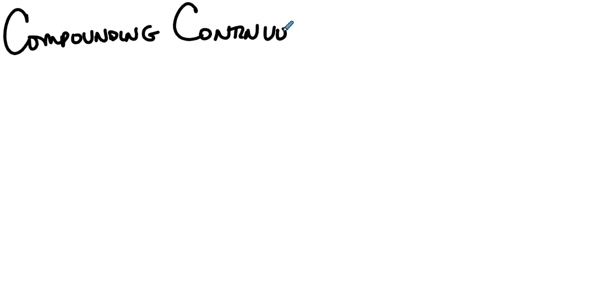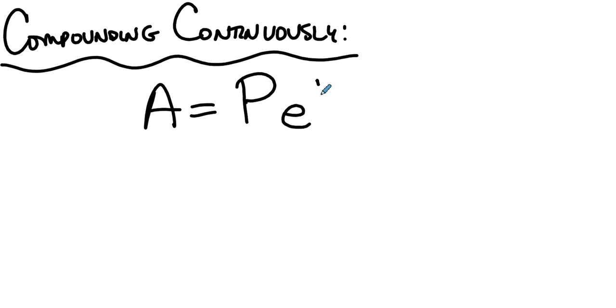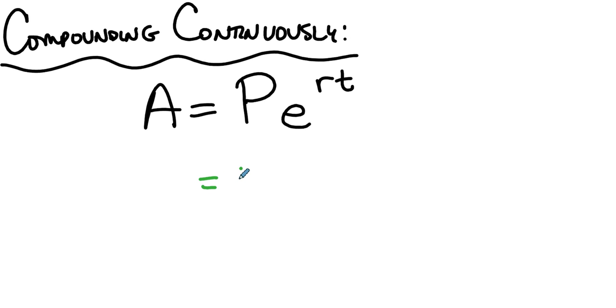And that brings us to something that your author talks about, which is this idea of compounding continuously. If we compound continuously, then the amount of money in the account after T years is the principal times the number E to the rate times time. In our case, we would take our $4,000.